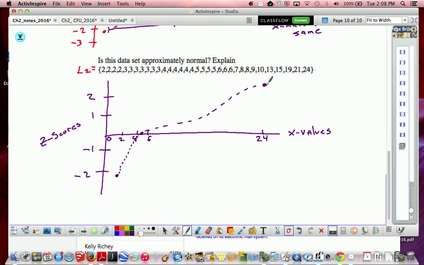The key things that I'll look for is your starting and your end, and note that it's definitely not linear. So is this data set approximately normal?